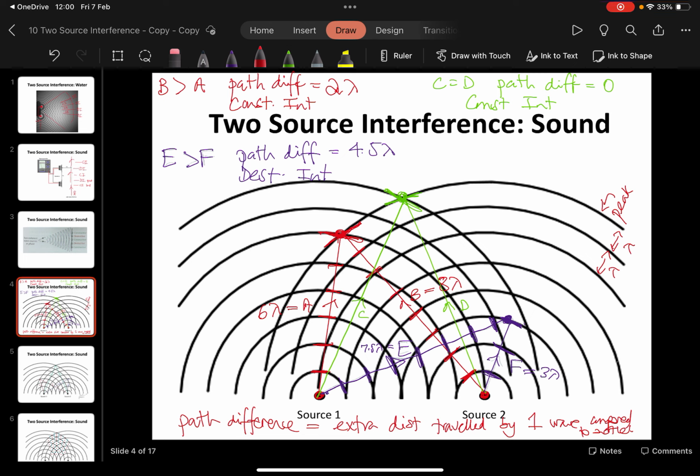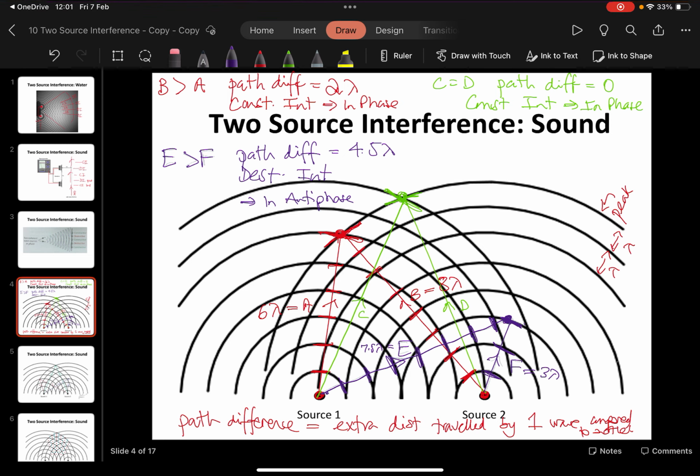Okay, before we move on, here's another set of language that you could use. We could say that here the two waves were in phase. Peak meets peak, trough meets trough. However, for the E and F routes, we are going to need to say they are in antiphase.